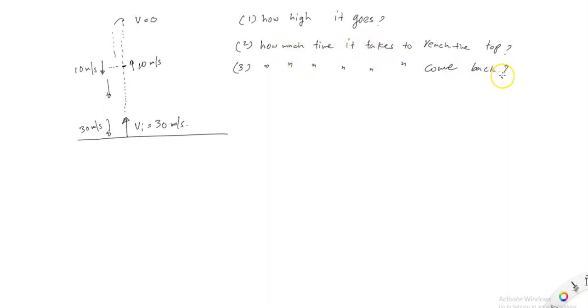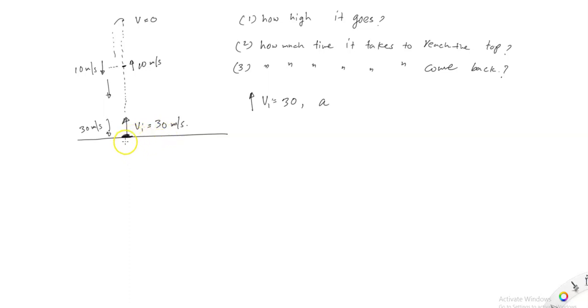Alright. Okay, 3 questions. So how do you solve this? Let's write down the information we have in hand. This time we are going up. V initial is 30. It's not 0. You can't say it's 0. Acceleration. Now this is our starting point. The ground level is our starting point.